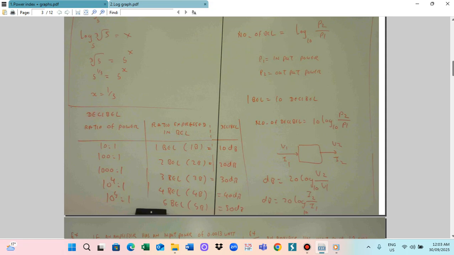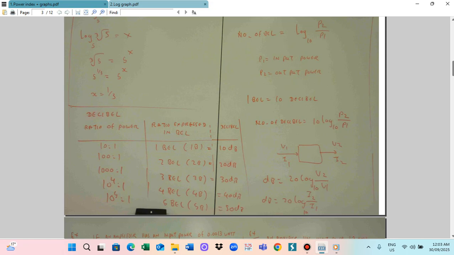For example, if you input 1 watt and the output power is 10 watts, the ratio is 1 bel. If you input 1 watt and the output is 100 watts, then we get 2 bel. Input 1 watt, output 1000 watts, 3 bel. Input 1 watt, output 10 power 4 watts, 4 bel. Input 1 watt, output 10 power 5, which is 5 bel. So this is for the bel unit.